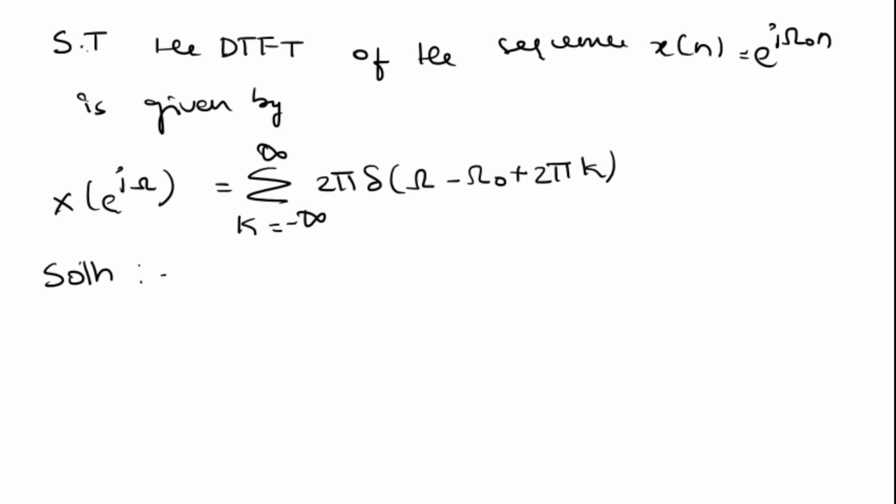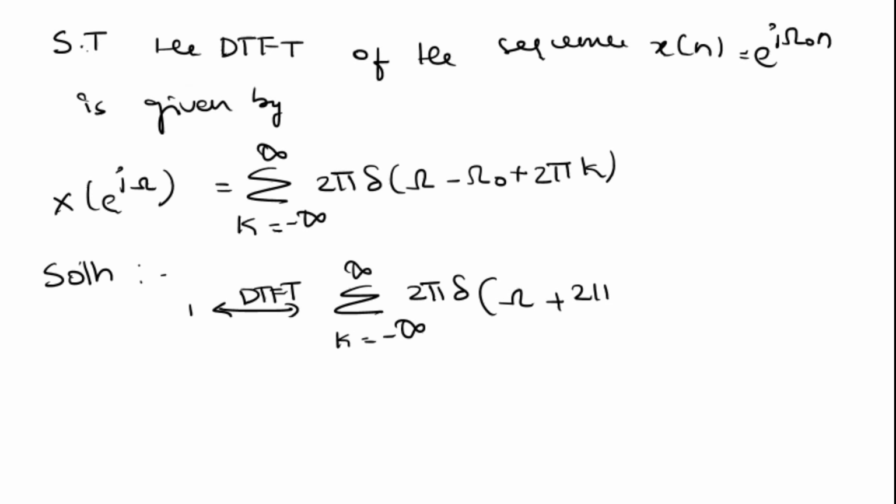We know that if I take DTFT of 1, I will get summation k is equal to minus infinity to infinity 2 pi delta of omega plus 2 pi k.